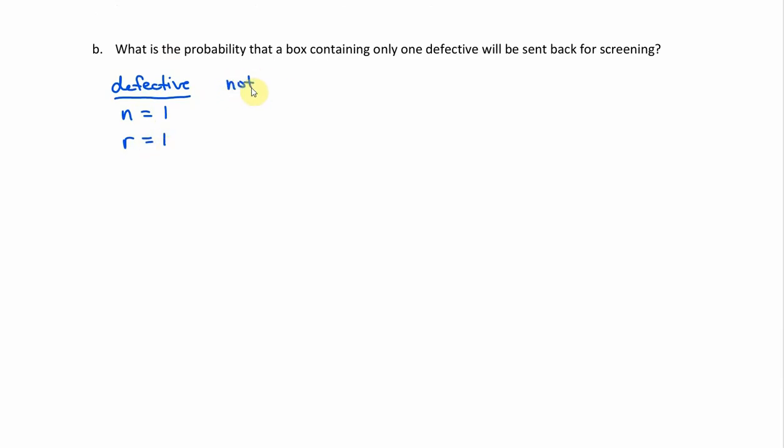And then for not defective, since we're picking 3 out of the box, we would end up with 2 that aren't defective out of 24. Since there's still 25 total, one defective, got to be 24 that aren't. So R is 2. And then the total, N is 25, and then R is 3.